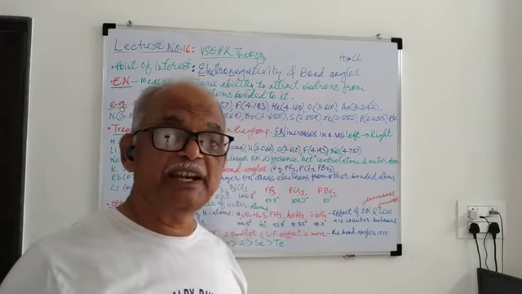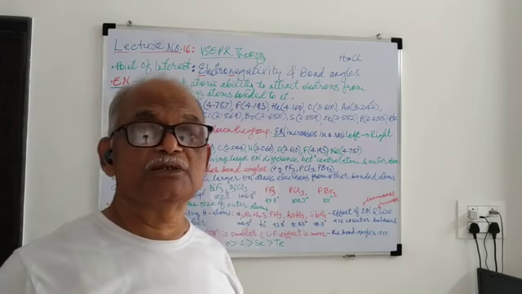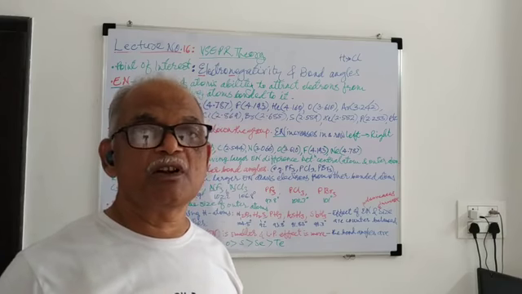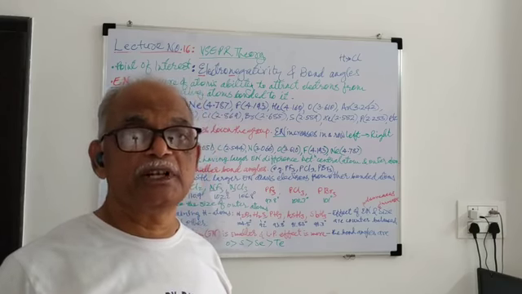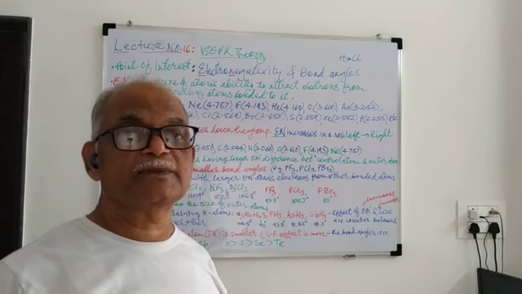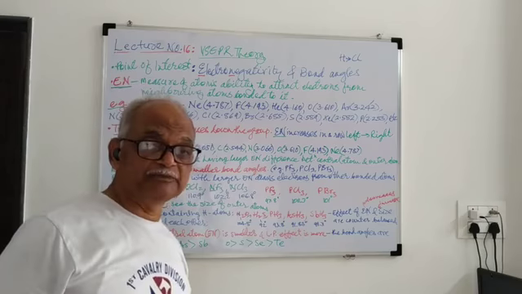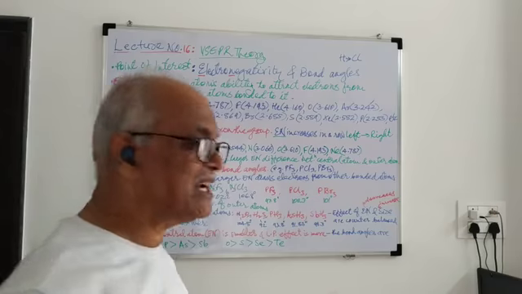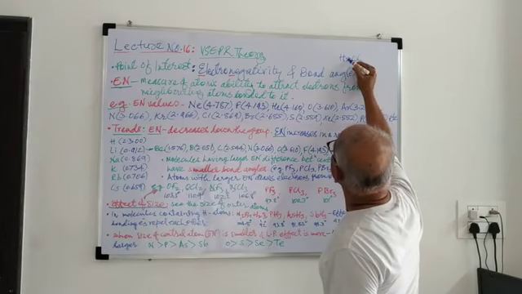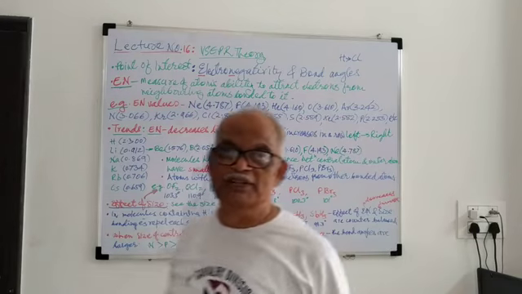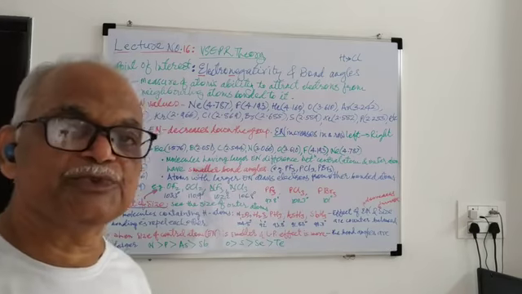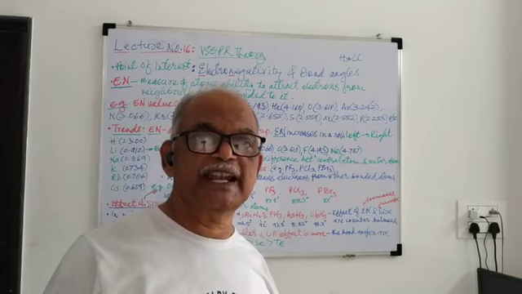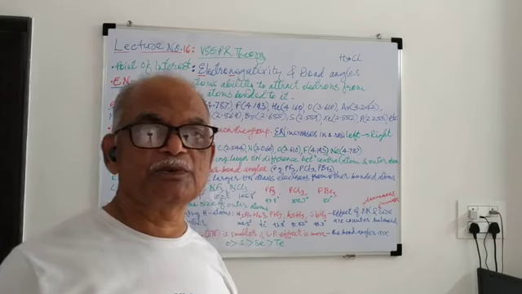Hydrogen is less electronegative, so it will not be capable of withdrawing electrons from chlorine. Chlorine is more electronegative, so chlorine will attract the bonding electrons towards it, that is from hydrogen. This tendency or property of the atom is called its electronegativity.